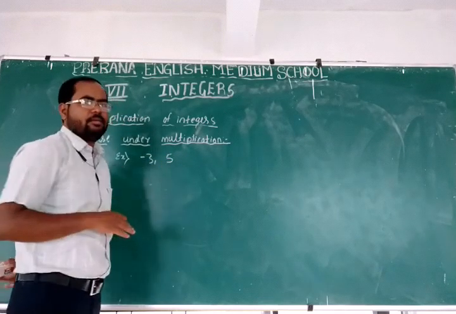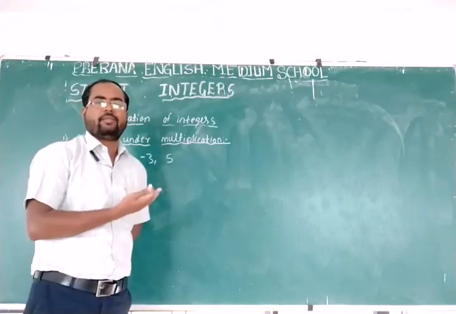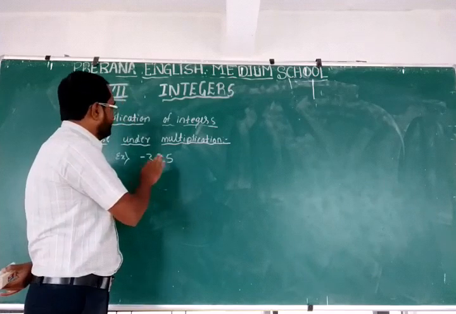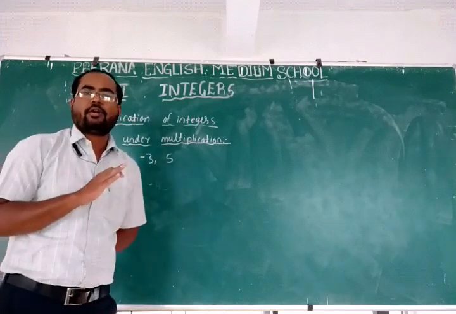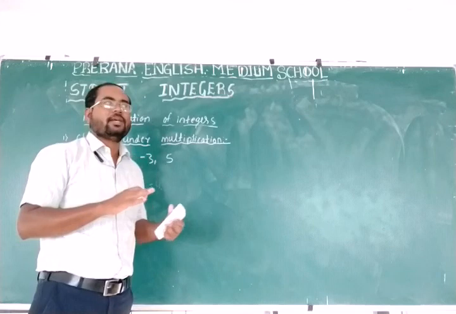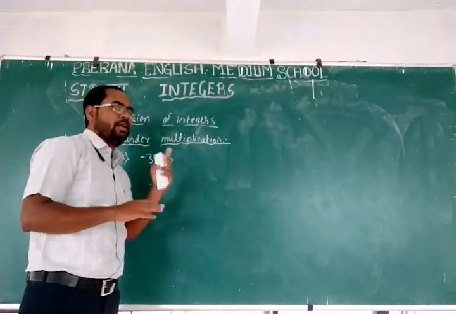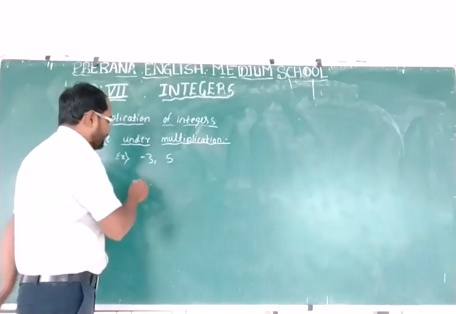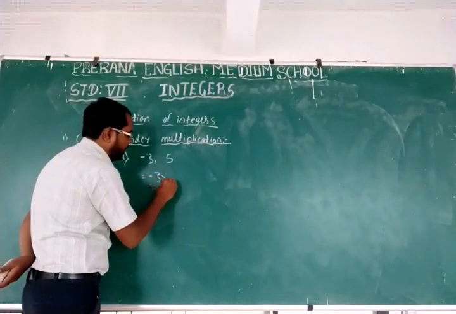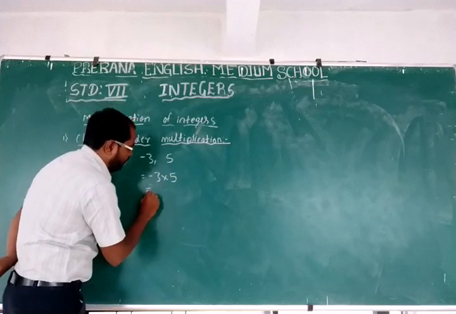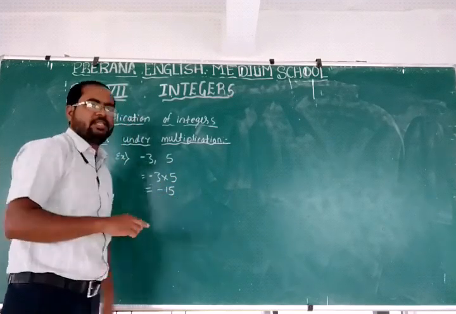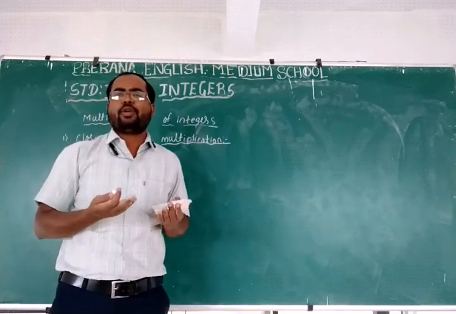Closed under multiplication means if we take two integers and multiply, the product should also be an integer. So we will see it. If I multiply minus 3 into 5, minus into plus will be minus 15. Is minus 15 an integer? Yes, because integers contain positive or negative numbers.